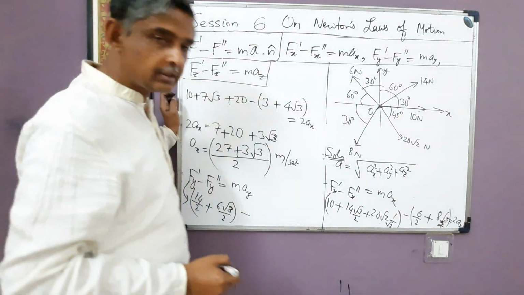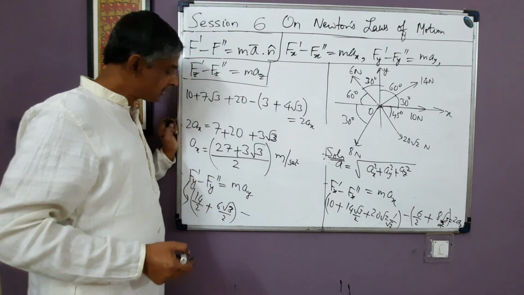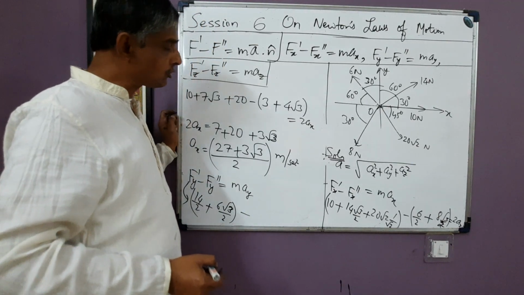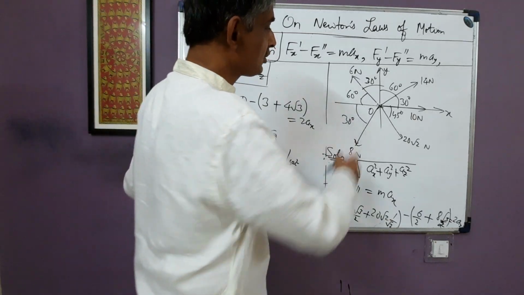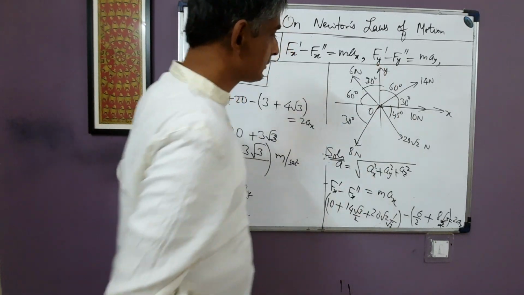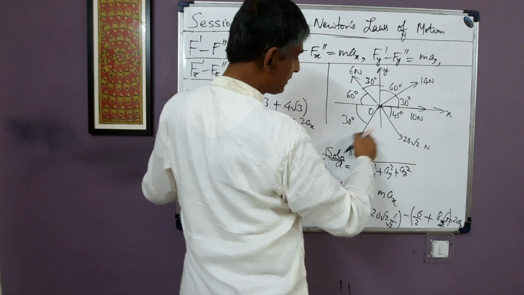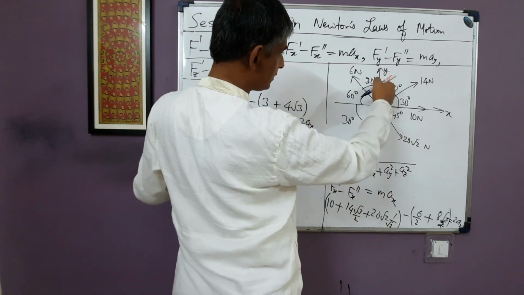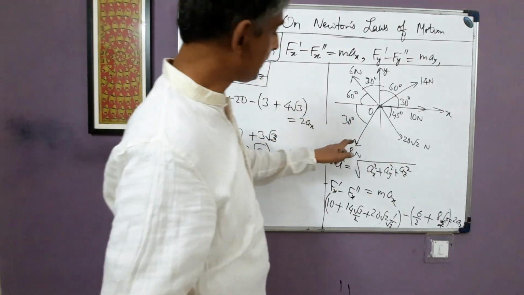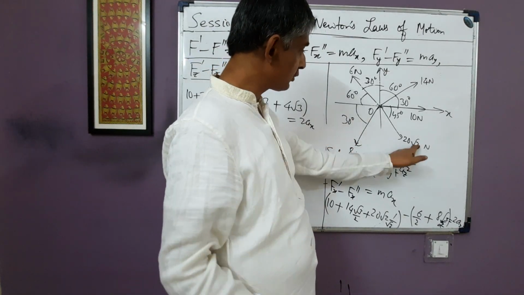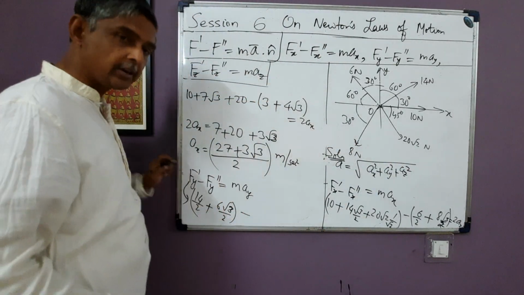Now we have to find Fy double dash. Fy double dash is the sum of magnitudes of y components of all the real forces on the particle which make an obtuse angle with the positive y-axis. Only these two forces make an obtuse angle with the positive y-axis. This is 120 degrees, this is 135 degrees. So if we find the magnitude of the y component of these two forces and add them, we get Fy double dash.